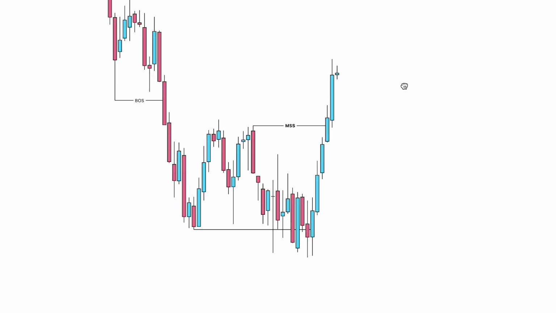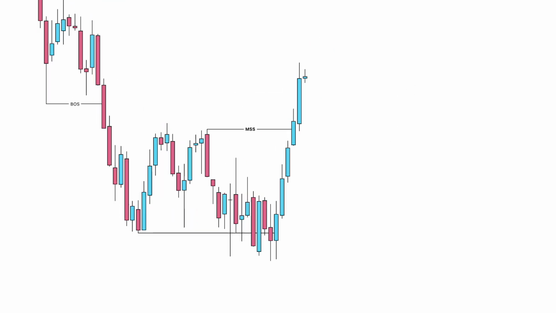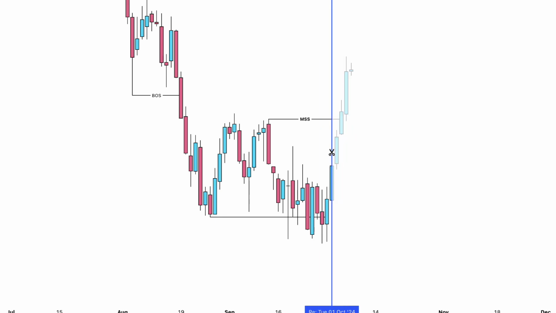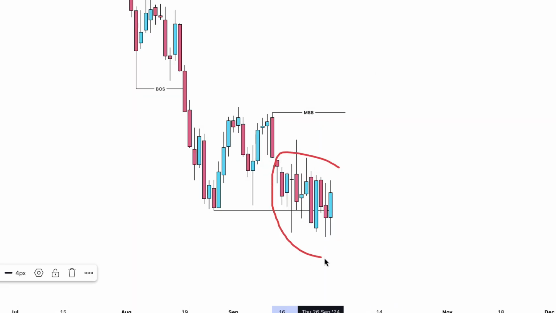Now you have to establish what your bias is on the daily time frame. Looking at this, if you can't see it with your naked eyes, it means it is not there. Imagine if price was right here. It simply means that there is no direction for that particular price.